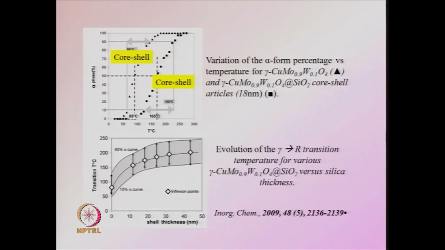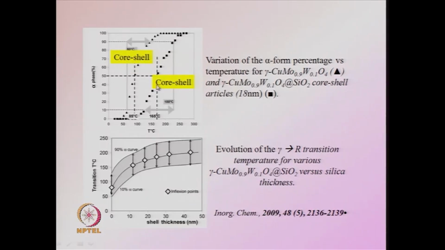This you can measure. So, this is the same thing, but now in numbers. So, you see the amount of alpha phase. At low temperature, alpha phase is 0, there is no alpha phase, everything is gamma phase. If you increase temperature for the bare particle, this is not core shell, this is only core.